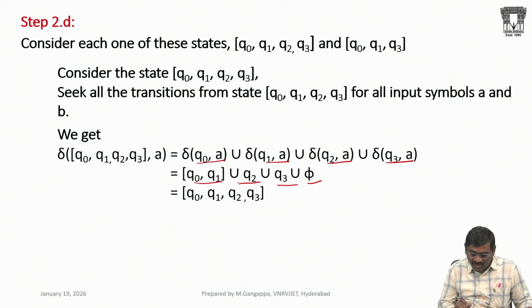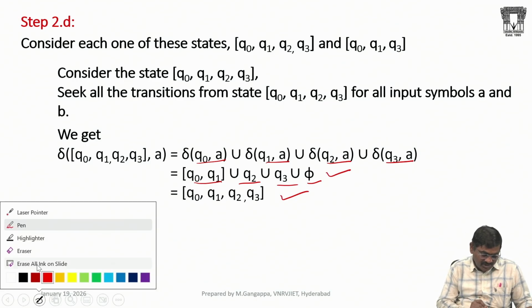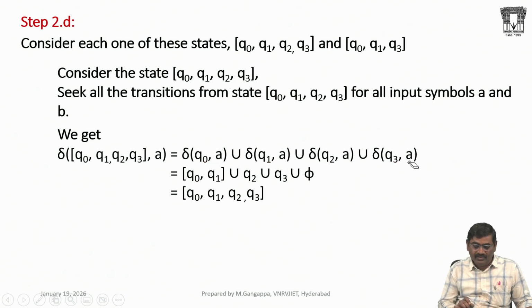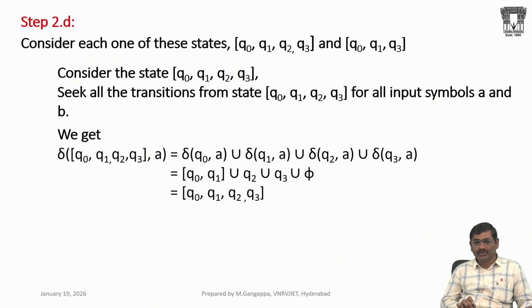So by combining all these values, we get one state, that is Q0, Q1, Q2, Q3, right? So this has to be taken into the table for the new state Q0, Q1, Q2, Q3 with input A. Similarly, Q0, Q1, Q2, Q3 with input B. What should be the next state?